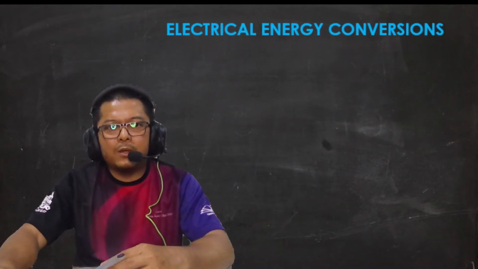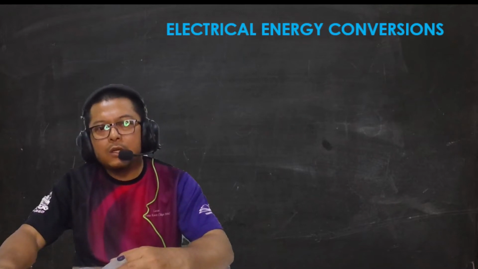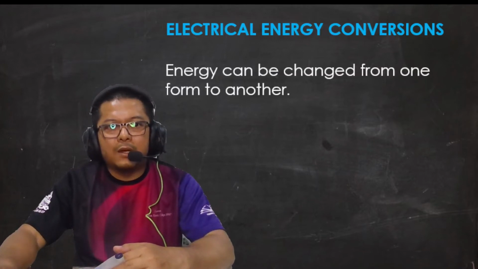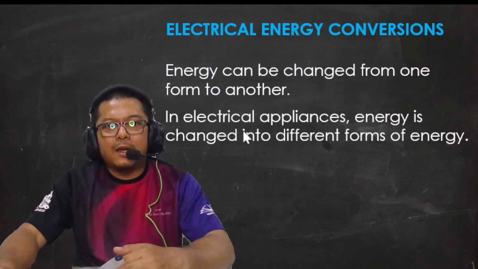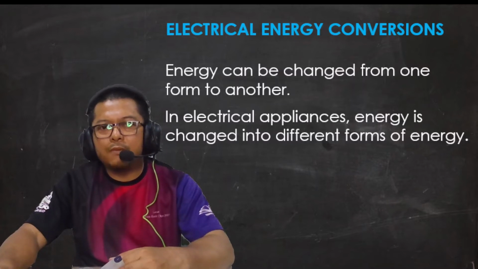Now here we shall talk about electrical energy that is converted to other forms of energy. Now, energy can be changed from one form to another. We have learned this, yes. In electrical appliances, energy is changed into different forms of energy.